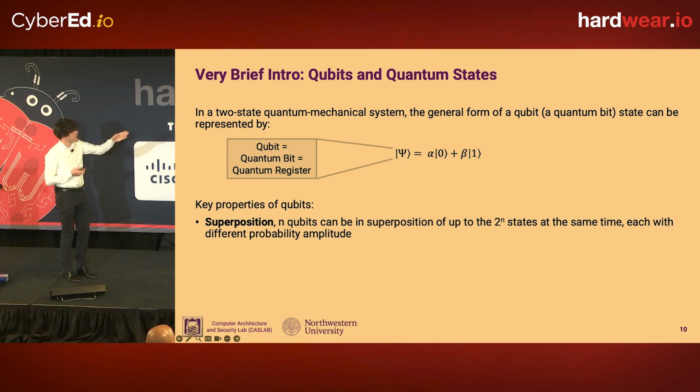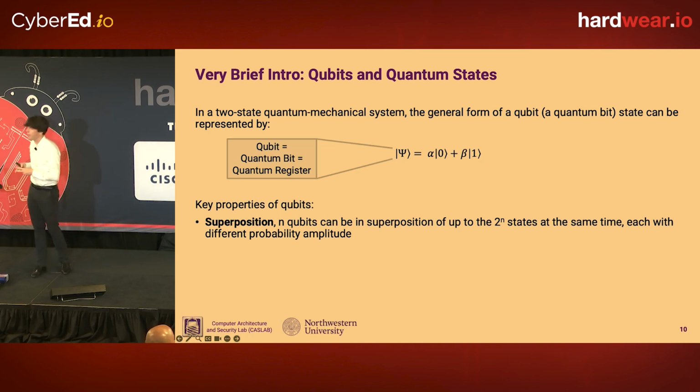For one qubit, you have two possible states, 1 or 0, but each of the states is associated with an alpha and beta, which are the probability amplitudes, and the amplitude squared gives you the probability. So at each time, the qubit could be in the 0 state, the 1 state, or sort of 25% 0, 75% 1. It could be any combination. If you extend it to 2 qubits, then you have 4 basis states, 00, 01, 10, 11, and you can have different probabilities. So the qubits are able to contain this superposition.